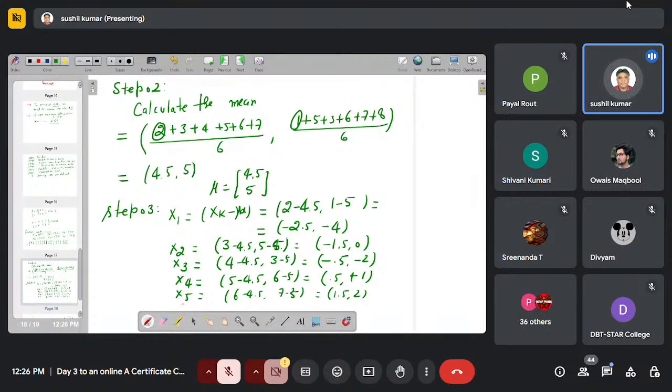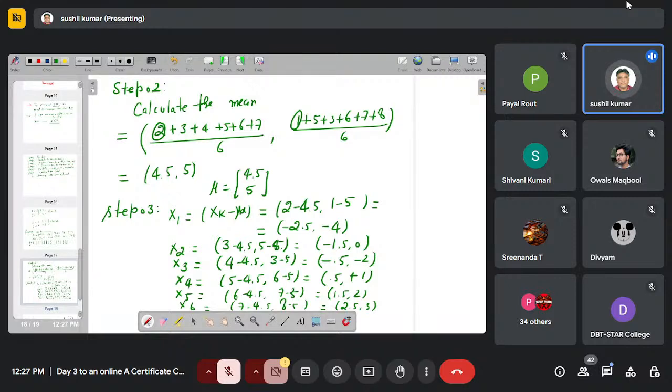And x6 will be 7 minus 4.5 and 8 minus 5, so it will be 2.5 and 3.